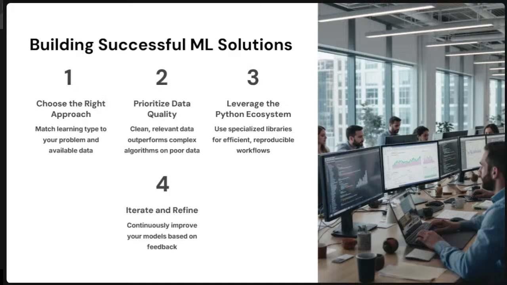And then we now leverage the Python ecosystem. We have specialized libraries for efficiency and reproducibility. So you don't really have to code out the entire algorithm again. Maybe when you are learning about the algorithms, it's probably best for you to try and code out your algorithm, because when you code it out, you understand what the algorithm is really about and you cannot forget it.